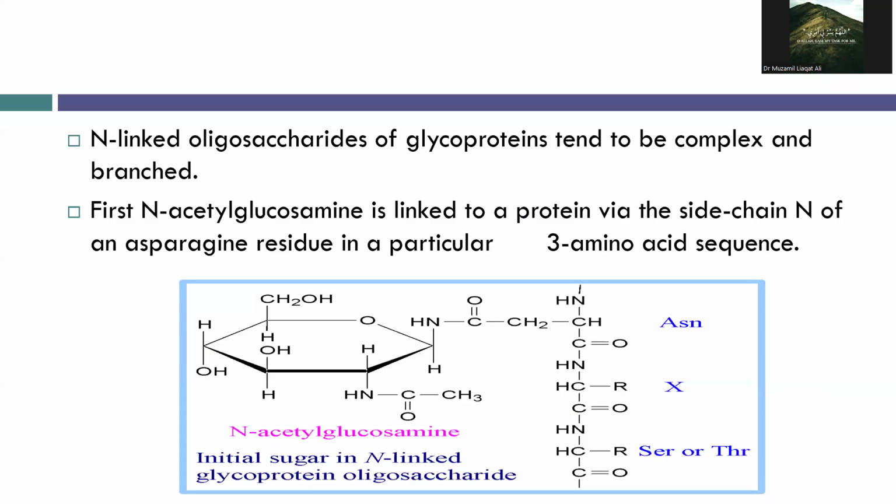Subsequent addition and trimming of sugars by glycosyltransferases and glycosidases in the endoplasmic reticulum and Golgi apparatus produce characteristic branch structures. These complex N-glycans are crucial for proper protein folding, quality control, and recognition by lectins.